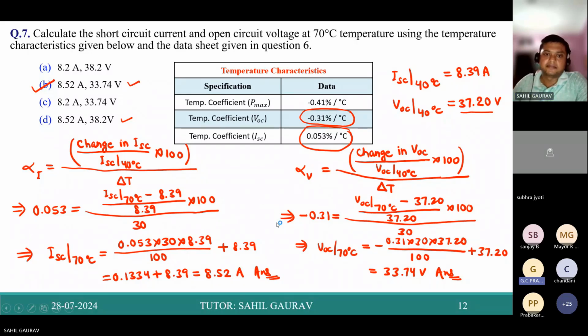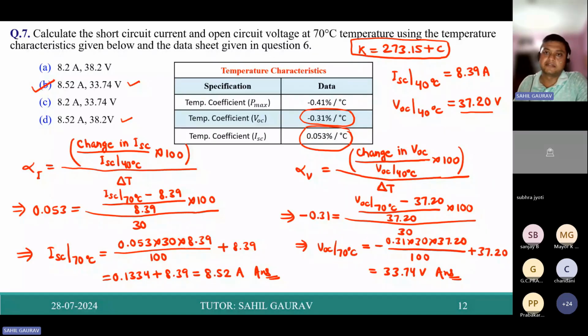Either way, we know that temperature in Kelvin is temperature in Celsius plus 273.15. So for this delta T, whether you write it in Celsius or Kelvin, both have the same value.